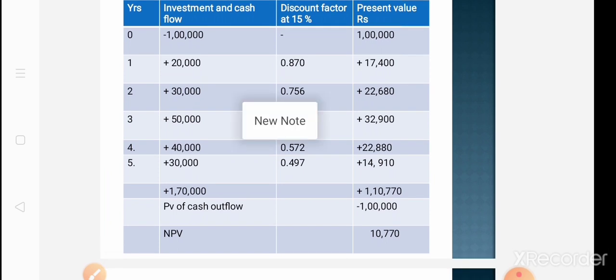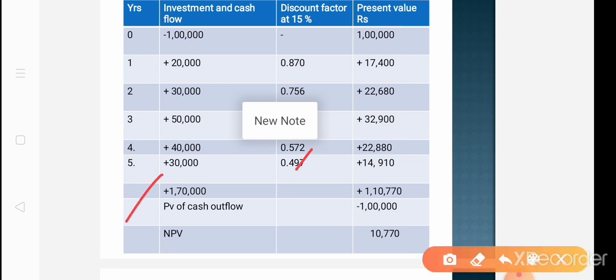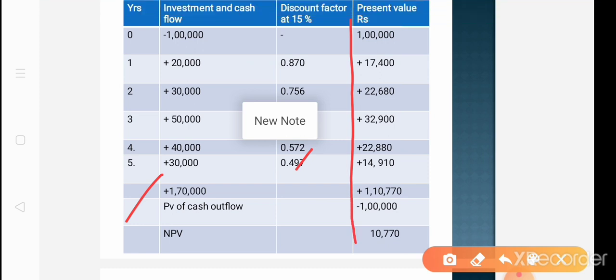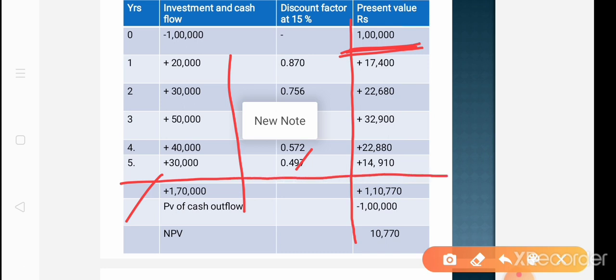Then we are moving toward the calculation of net present value of project Y. So you can rewrite the question here also. Then we are not finding the present value of the investment amount, that's why it remains 1 lakh, because we are just investing in it today. So then we want to find out all the inflows' present value till the first 5 years.